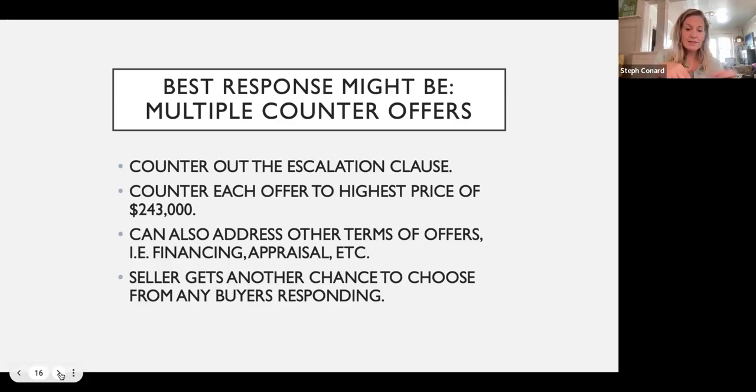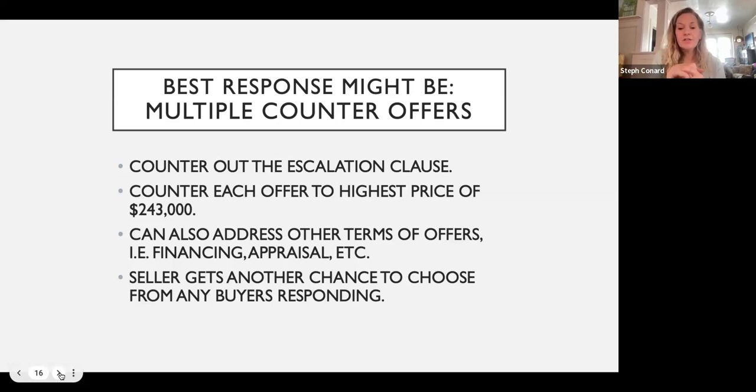They're essentially saying, okay, I'm going to counter this to make it an offer that I want to see to buyer number one. Same with buyer number two, same with buyer number three, and then that all goes out to those buyers, and the buyers have an understanding that multiple counter offers have gone out. A buyer then has a chance to counter that offer and come higher.